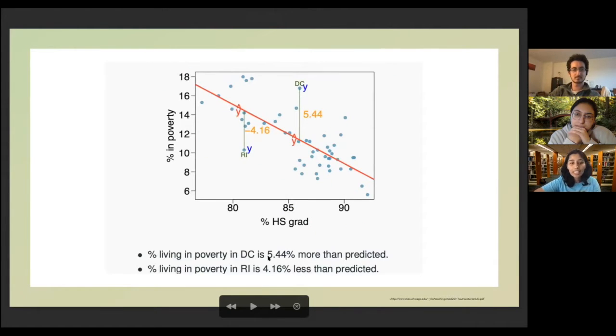The basic idea here is you predict a linear relationship between the X and the Y axis, and then we calculate the deviation of each of these points from this predicted line. So here it will be this point in blue, Y, minus the point in red, which is on the line.